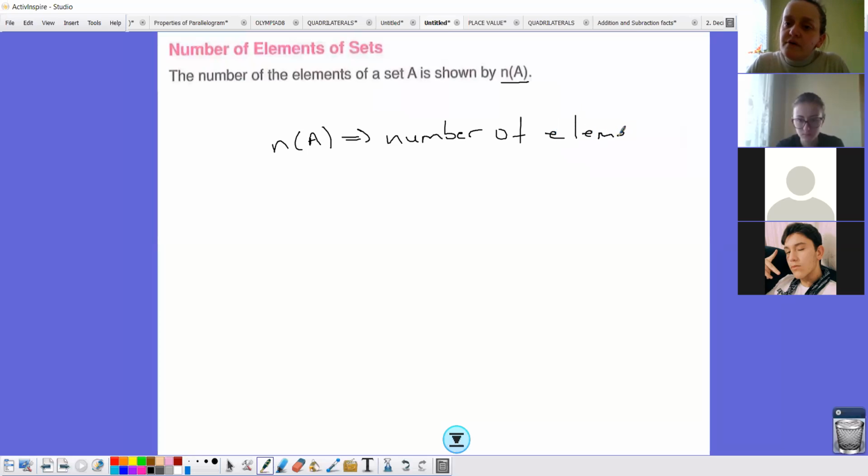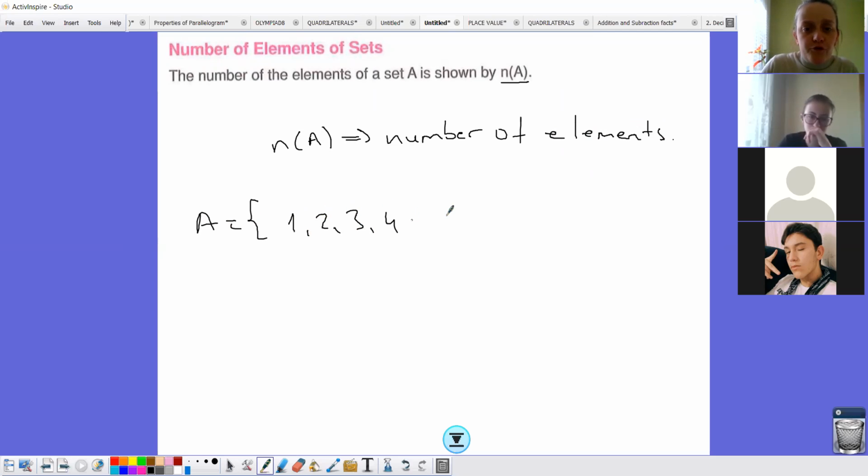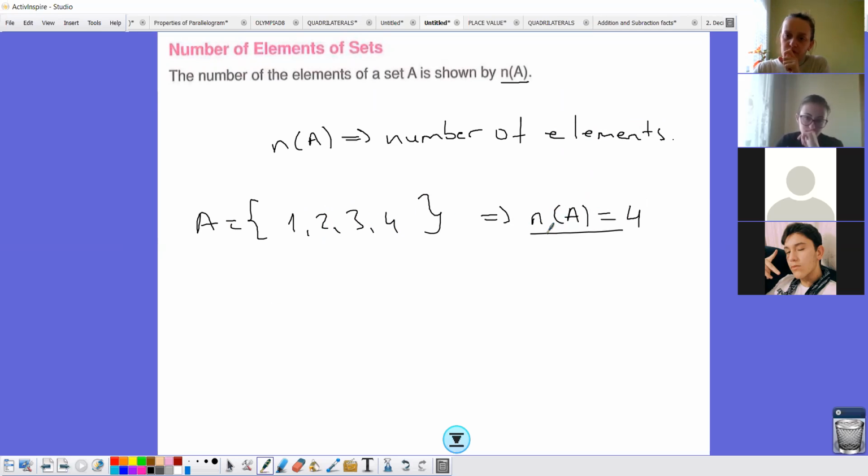So for example, if we have a set like 1, 2, 3, 4, what will be the number of elements? n of A will be 4. I have 4 elements here, yes? Yes. So you show it with n of A.